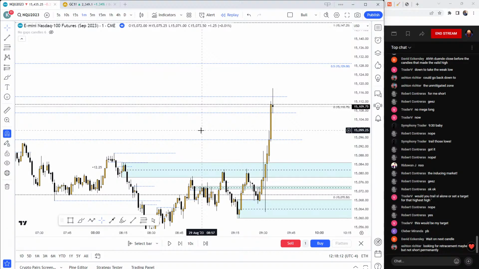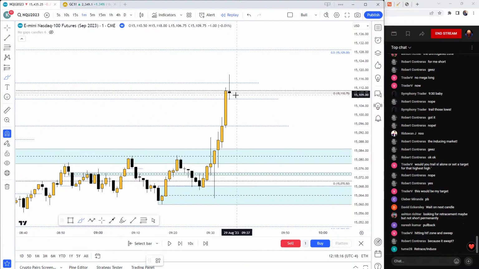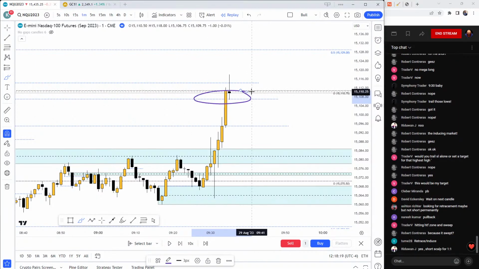Yep, there is possibility. I mean, this is where we get wrecked going long expecting the moon.